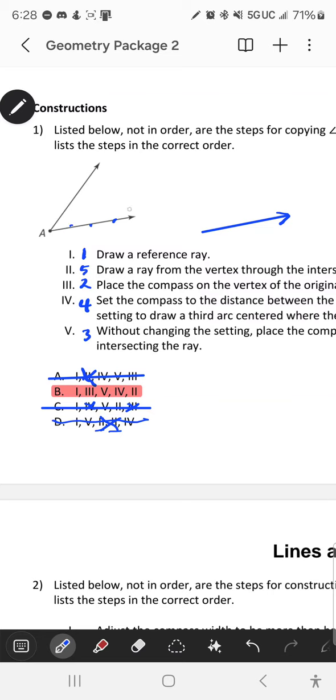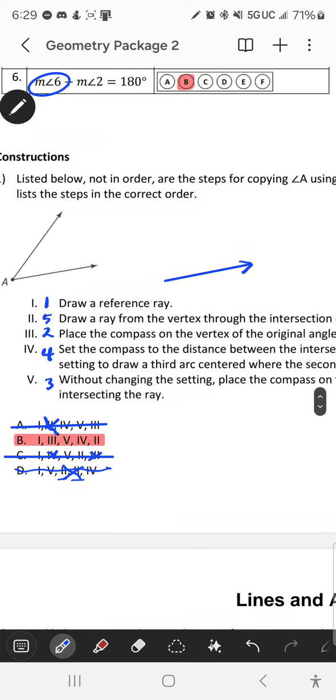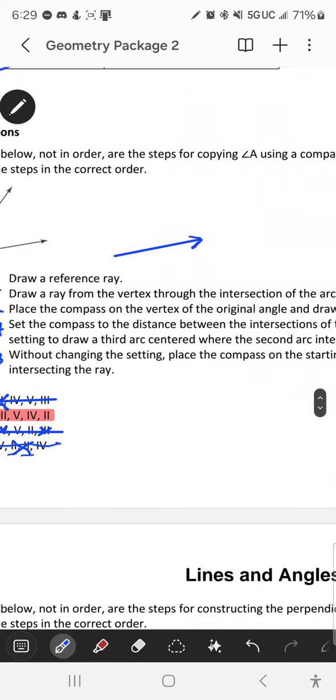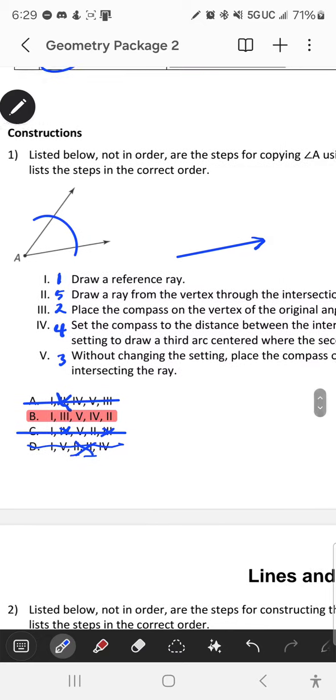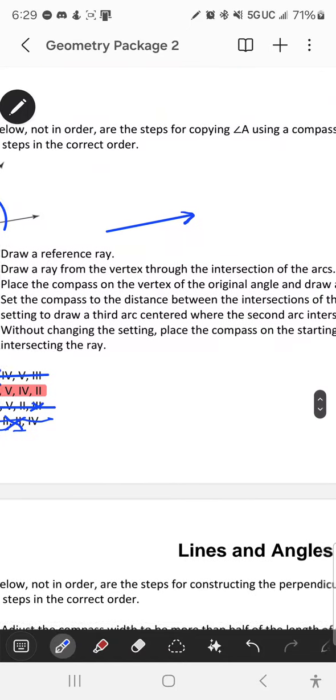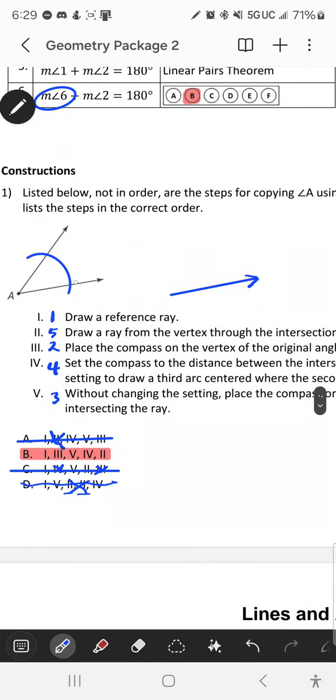It could be here, here, there, it doesn't matter. And we draw an arc like this. That's what step 2 says: the arc intersects both legs.